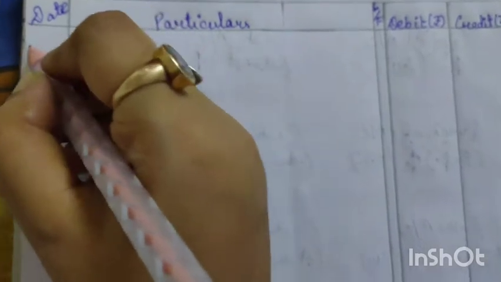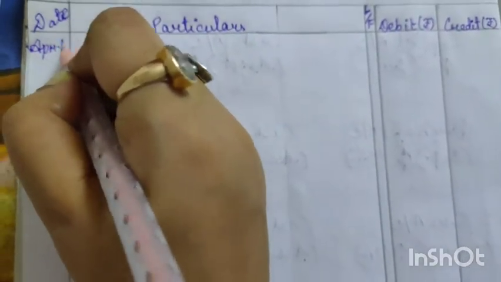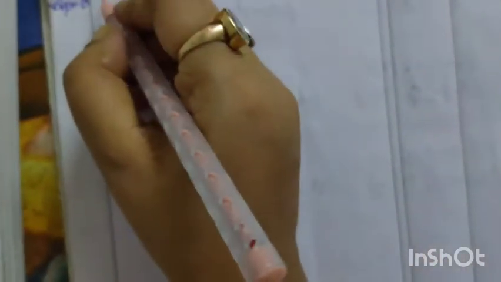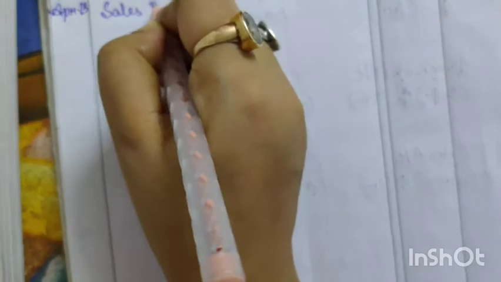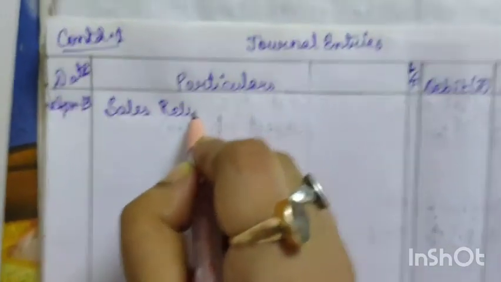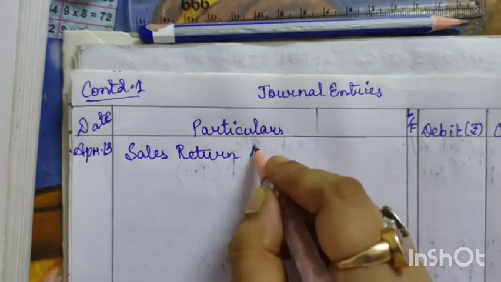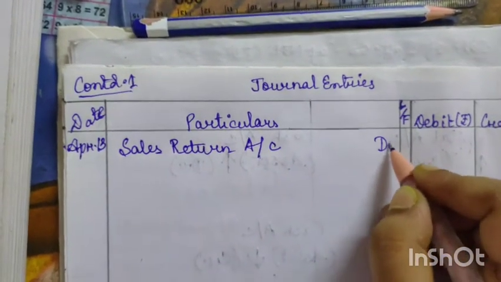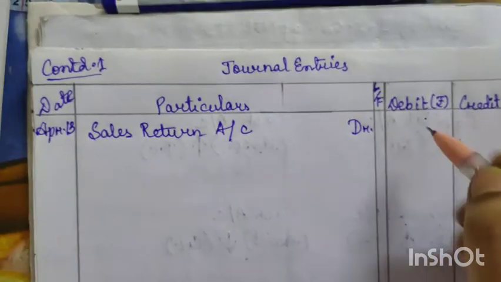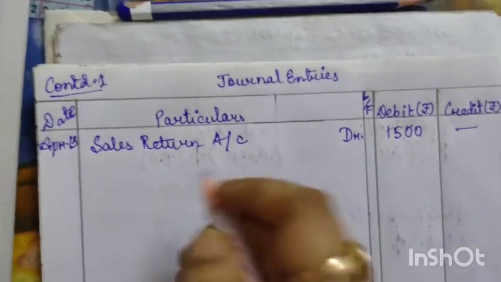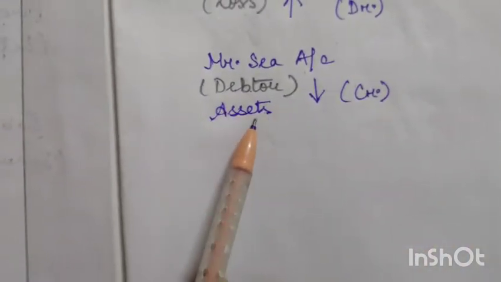So the journal entry of April 13 will be, as we can see here, sales return account is debited. So we will write sales return account debited. We will write in the debit side, goods of 1,500 were returned. So we will write here 1,500. To which account is credited? Mr. C account is credited.